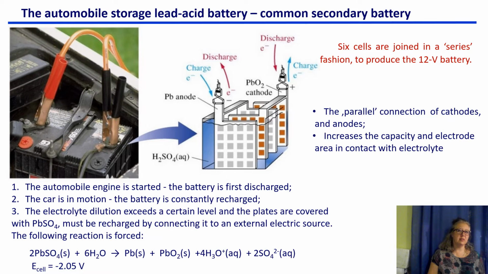As the plates of the battery become coated with lead 2 sulfate and the electrolyte dilution exceeds a certain level, the battery must be recharged by connecting it to an external electric source and the reversed non-spontaneous reaction forced. And this is the following reaction which must be forced.